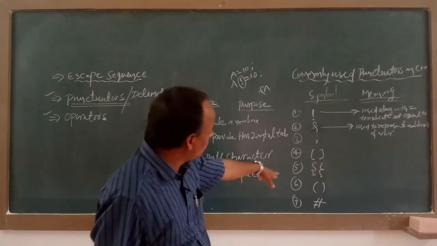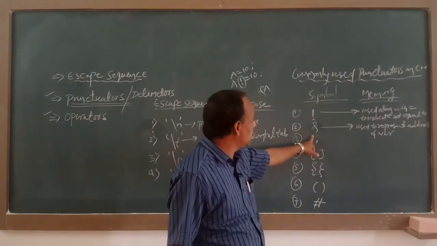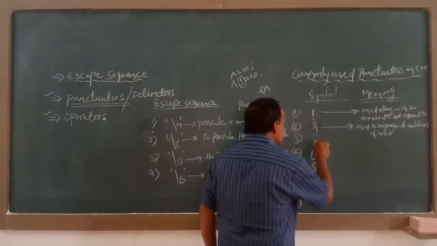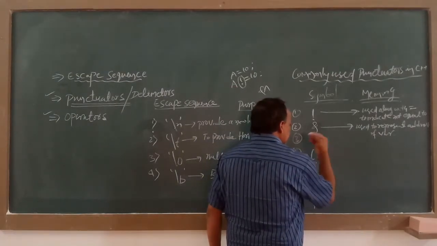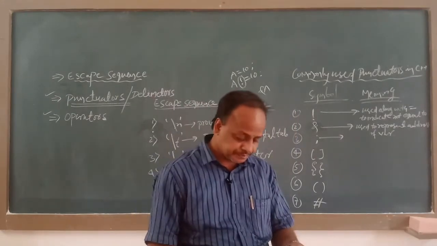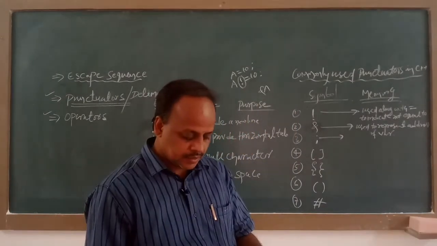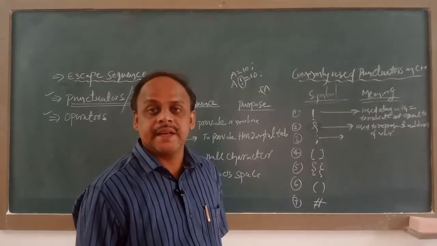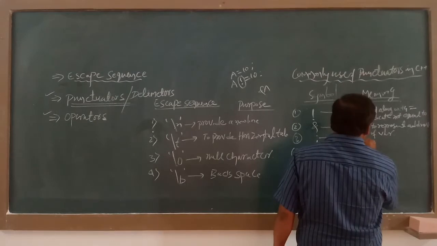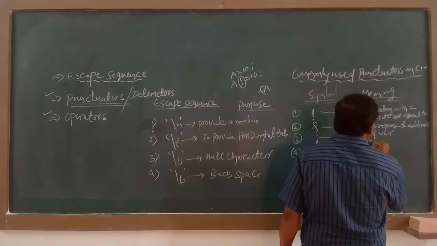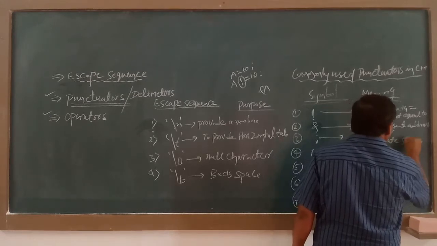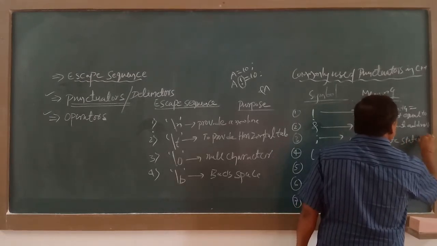The third one is the semicolon. This semicolon represents the statement terminator, used to separate statements.